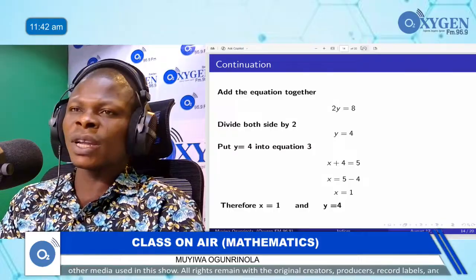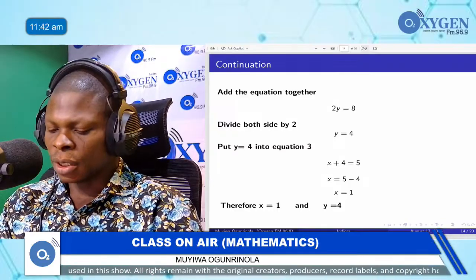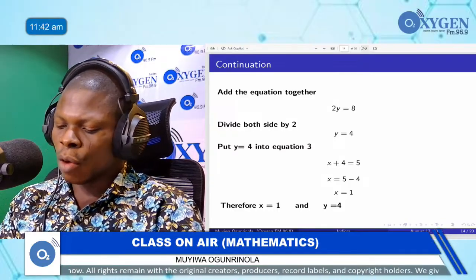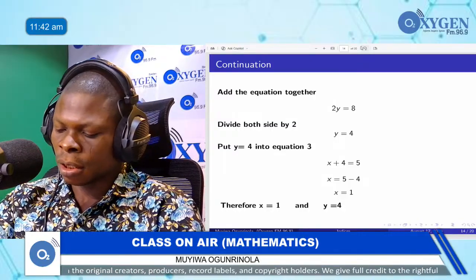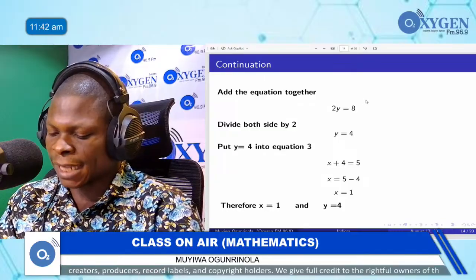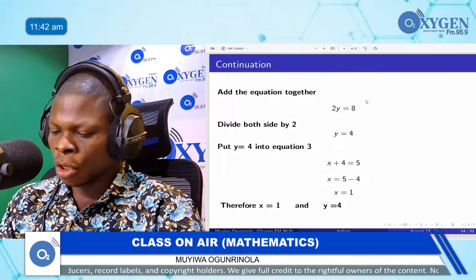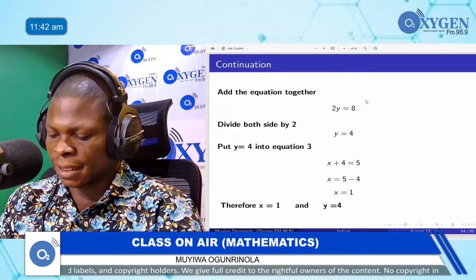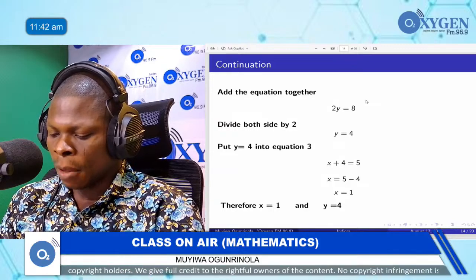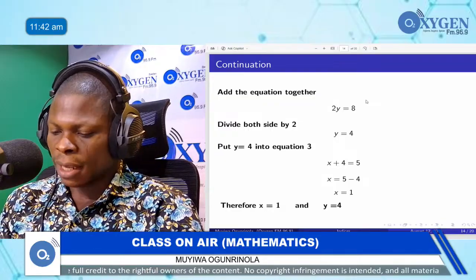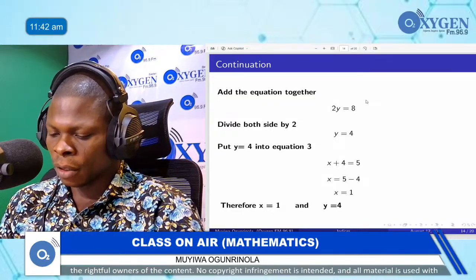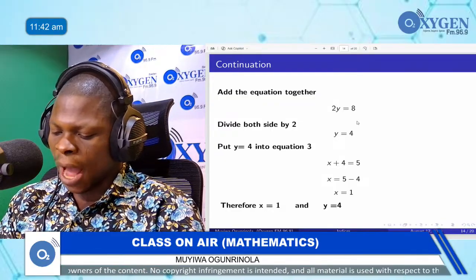Now, we have gotten the value for y, remaining x. Then we need to put y is equal to 4 into equation 3 so that we'll be able to get the value for x. Our equation 3 is x plus y equal to 5. And we know that our y is 4.